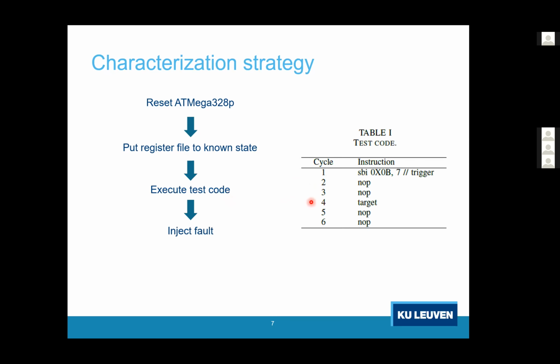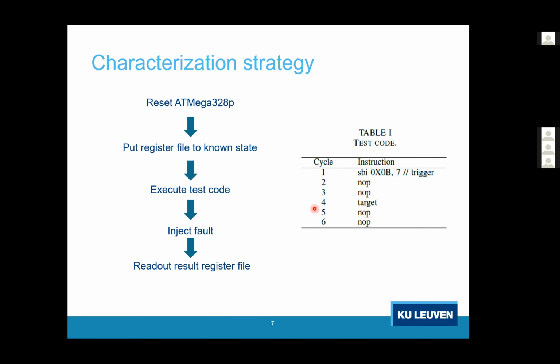Then we have some knobs, and then we have a target instruction followed by some more knobs. And then after injecting the faults, we read out the results in the register file and we start all over. So before every fault injection, we reset the entire device to be 100% sure that it's always exactly the same code that's executed and that there aren't some transient effects left behind from the previous fault injection.